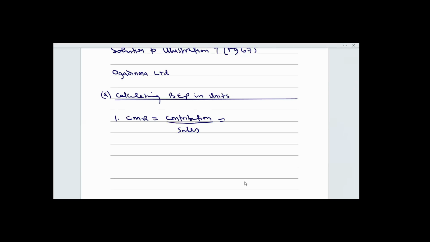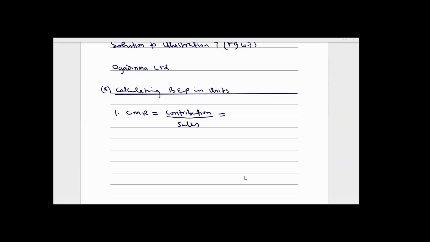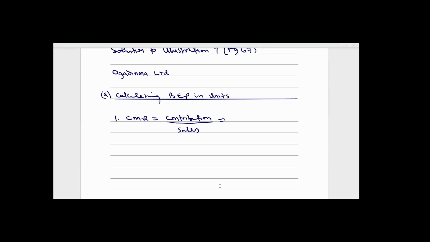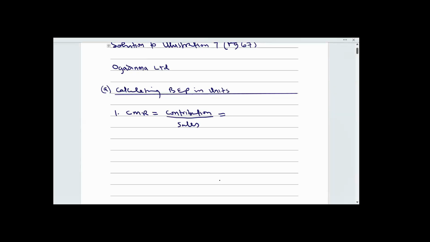Of course, contribution margin ratio is contribution divided by sales. According to the question, from the table given to you, contribution margin is 30 million naira. Sales value is 90 million. Therefore, 30 million divided by 90 million.